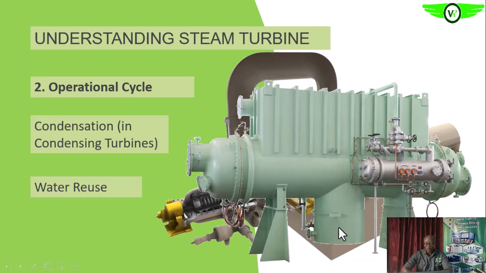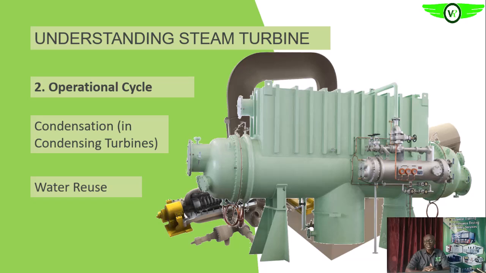So the condensate now will be recirculated by the condensate pump. We'll see that later. The condensate pump will send it back to your deaerator for further use. After deaeration, it will be sent to the boiler once again to generate more steam. So it actually helps to increase the efficiency of the entire system.